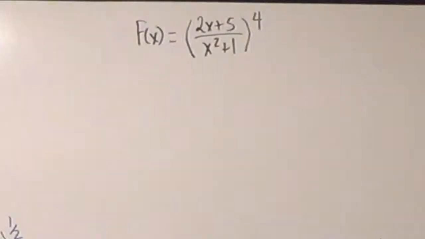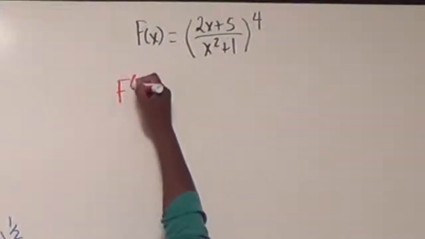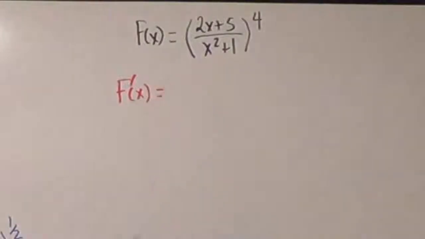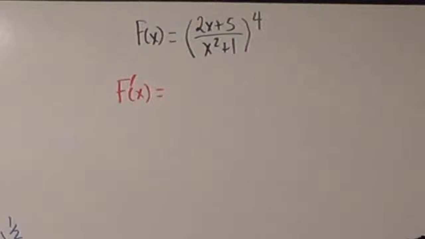In this example, I am looking at a quotient rule combined with a chain rule. To take my derivative, I first need to determine which rule I'm applying first. If I look at this function a little closer, I can see that my quotient is inside of my power. So here I want to apply my power rule first and then apply my quotient rule.